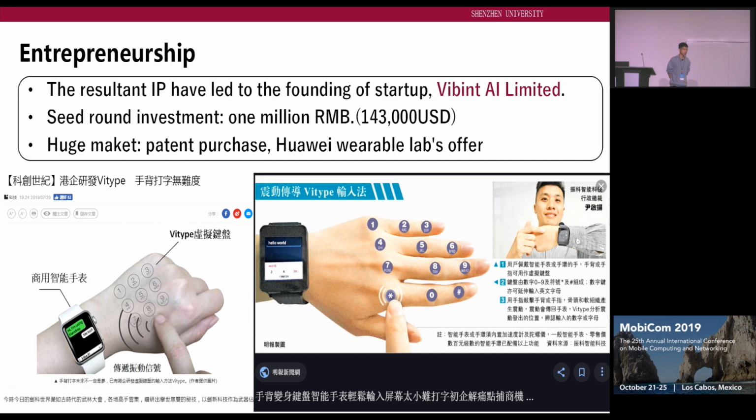And there is a huge market in this research area. Many companies came to visit our group at Shenzhen University, including Huawei Wearable Research Lab. And interestingly, they didn't want to buy the patents, they wanted to buy me. I mean, they wanted to give me an offer.